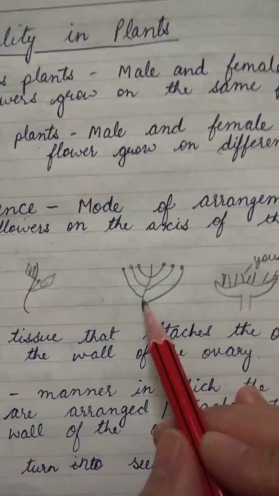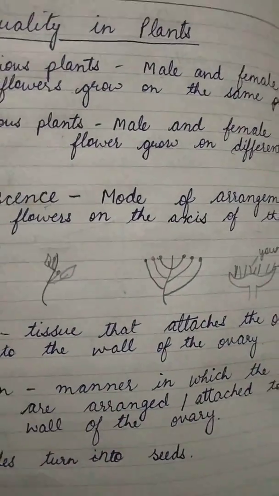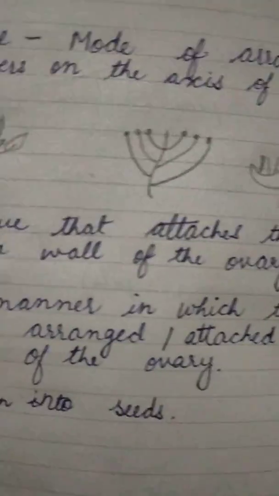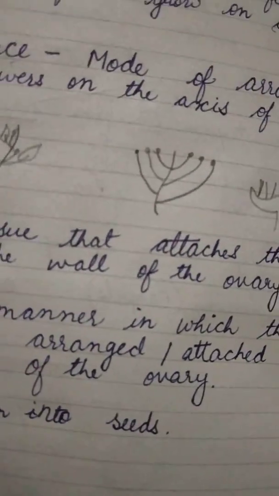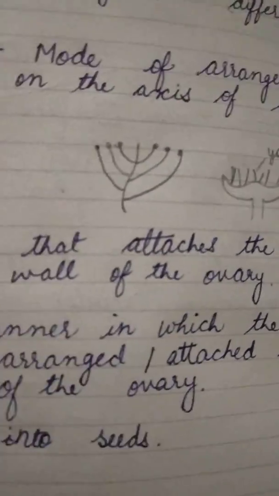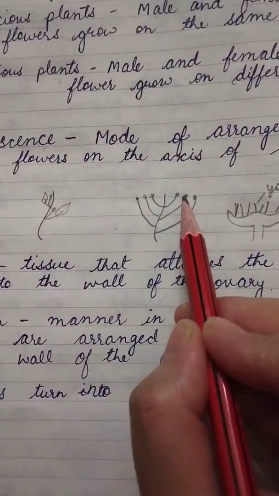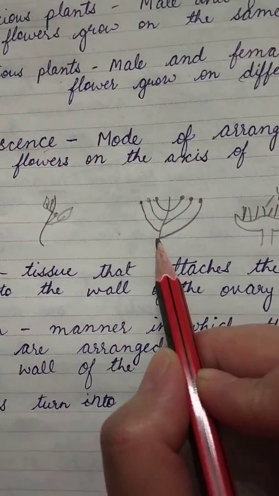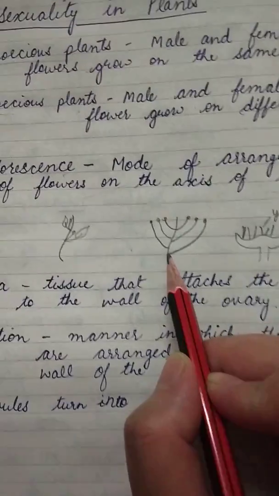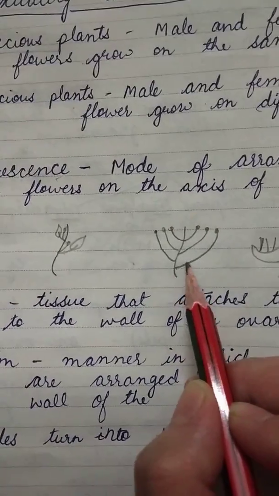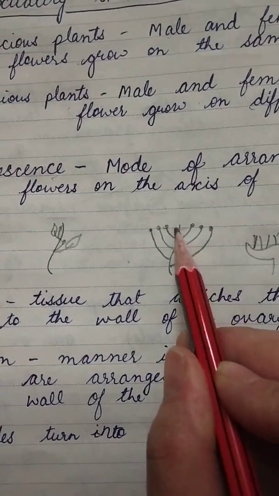Or maybe a third type, where wherever they arise, they grow in the same line. Maybe the flowers arise from the base of the plant, but still they grow to the same height.